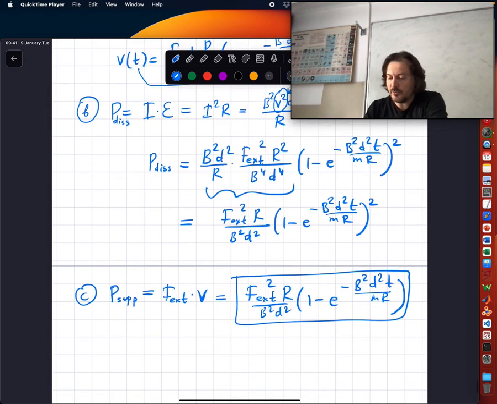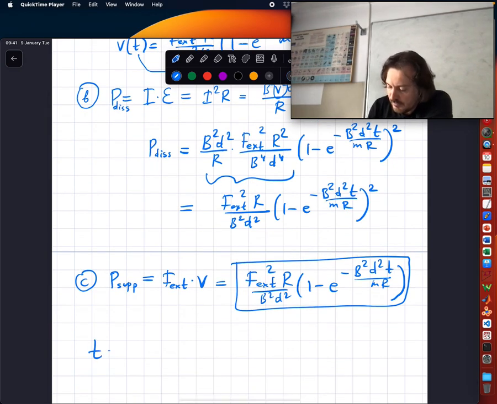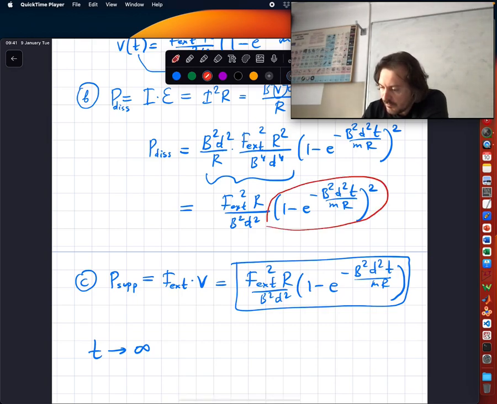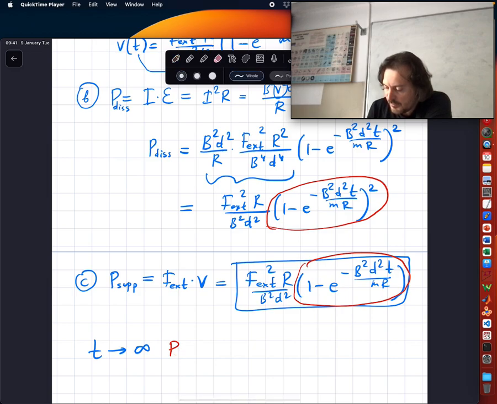So as time goes to infinity, what happens to those expressions? What happens to this? 1. What happens to this? Also 1. And as t goes to infinity, this supplied power equals the dissipated power, all right?